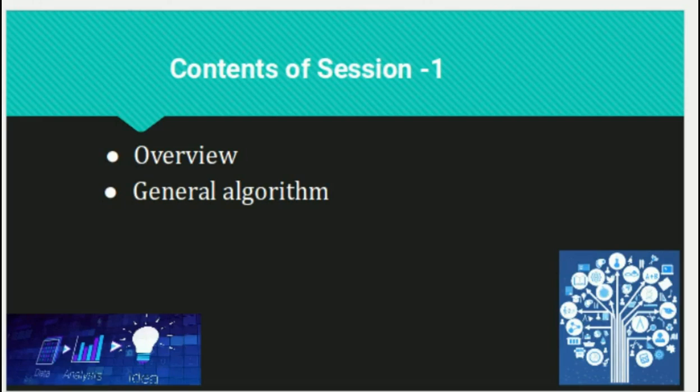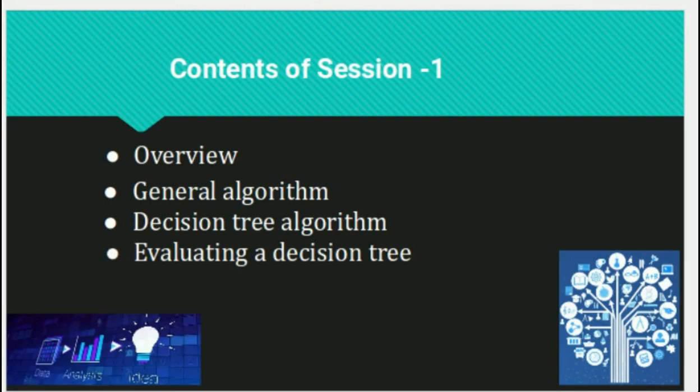Here, you will learn about the basic fundamental steps for building a decision tree. Then, we will proceed to learn about the decision tree algorithm. Here, we will review the terms entropy and information gain. We conclude our session with the discussion on evaluation of decision tree. So, this is the pathway for our lecture.